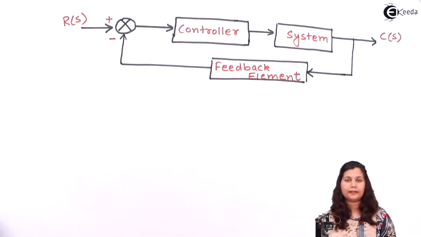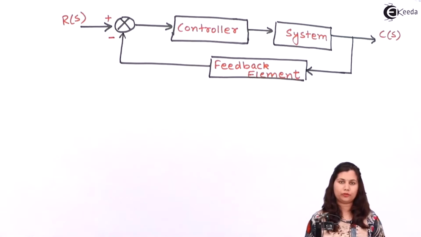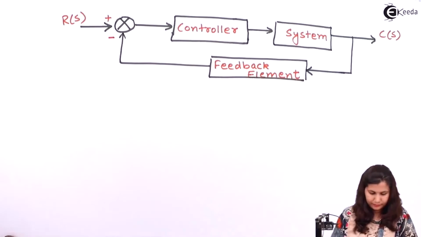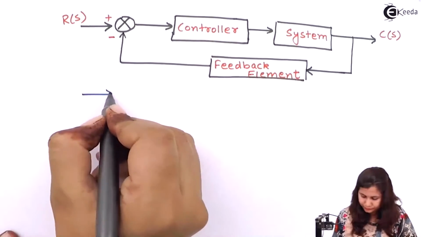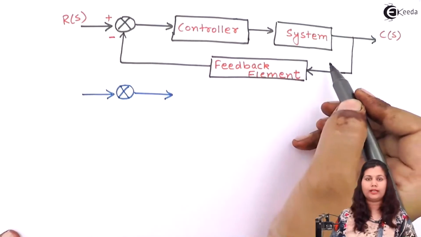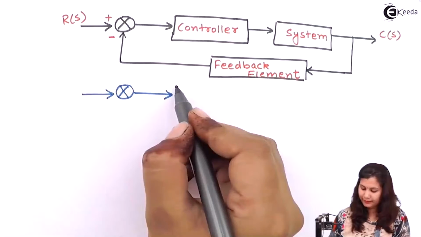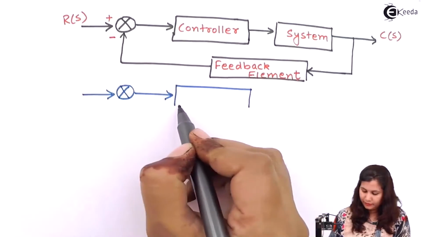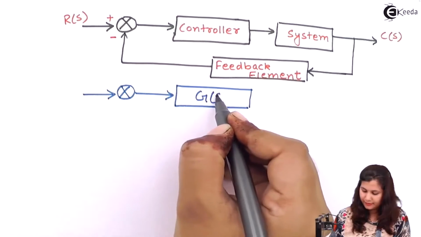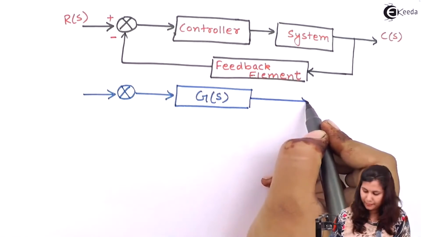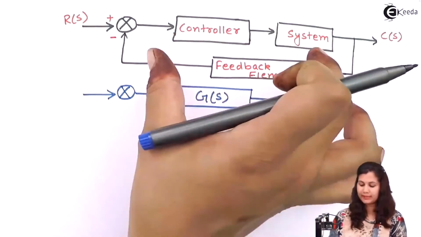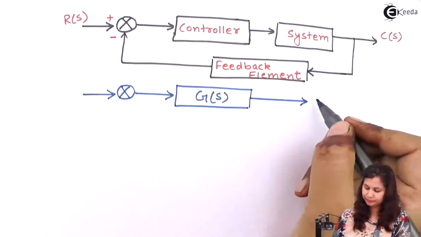This is the representation of a closed loop control system. So let's draw the block diagram for it. This controller and system can be combined, and we can have a block for it, which is showing the transfer function of this complete system.